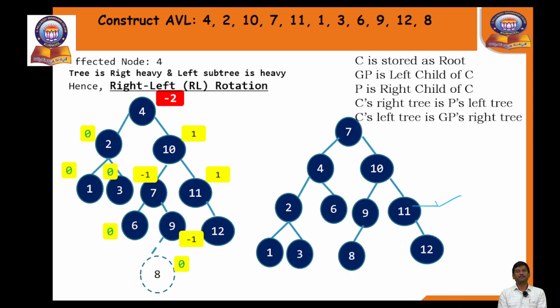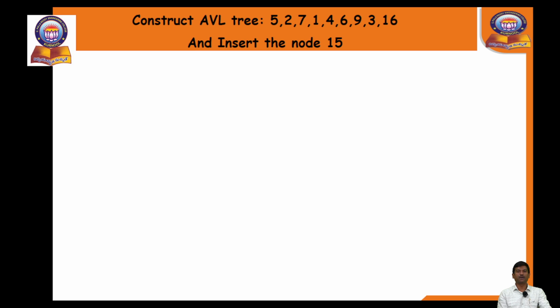And when the right tree is heavy, out of which the left subtree is heavy, then in such cases you have to perform the RL rotations. And I've already explained what node becomes the root node, what should be attached to the root node as a left child, what should be attached to the right child of the root node, and what happens when there is a left subtree or a right subtree present for your C, and how it has to be attached depending upon whether you are performing the LR rotation or the RL rotation.